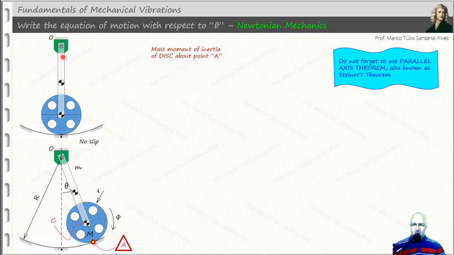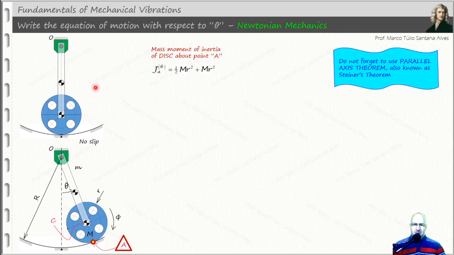Why? The point of rotation is not coincident to the centroidal or CG mass moment of inertia. So for this reason, we need to transfer the inertia from here to the point of rotation.